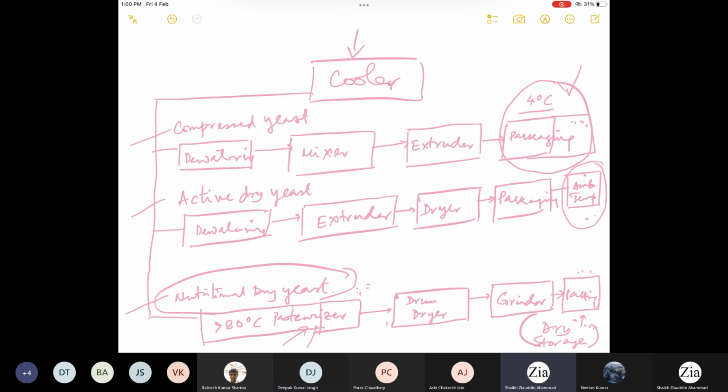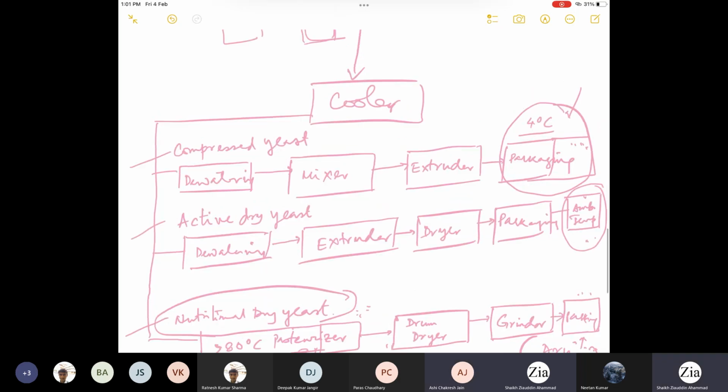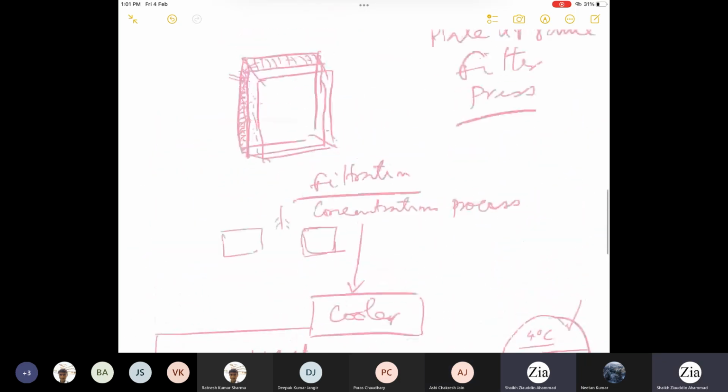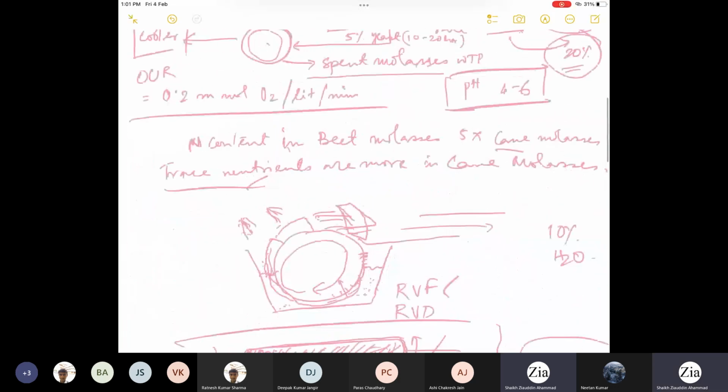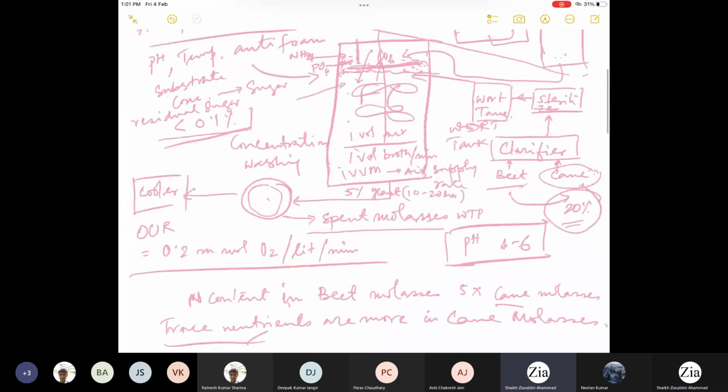Okay, sir. So, in the final fermenter, what is the impact of the abrasion of the cells? In the final fermenter, we don't have significant vigorous mixing created by the agitator or aeration line.